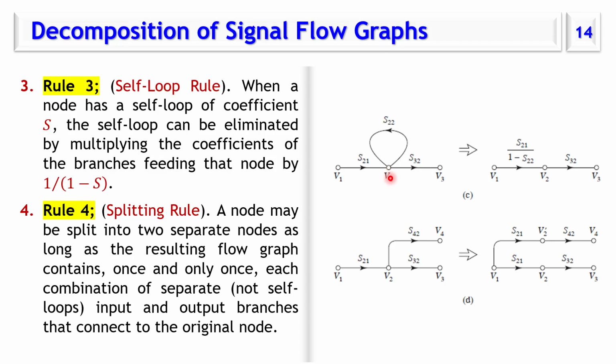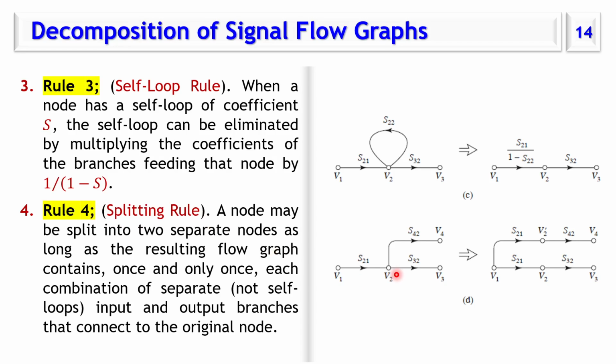V2 equals S21 V1 plus S22 V2. We put the two V2s on the same side. It would be (1 minus S22) multiplied by V2 equals S21 multiplied by V1. So V2 will equal this expression multiplied by V1. This is called the self-loop rule for decomposition.